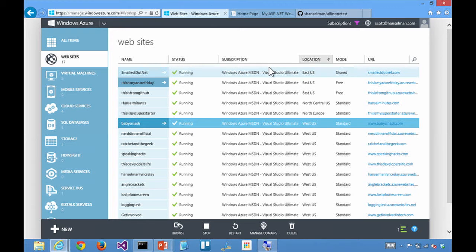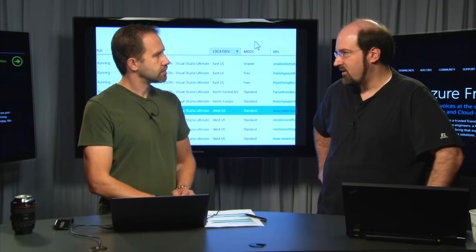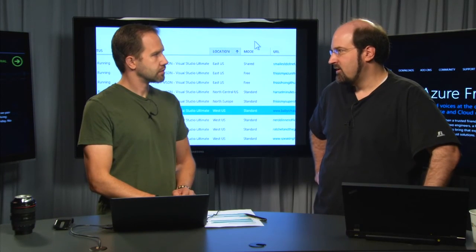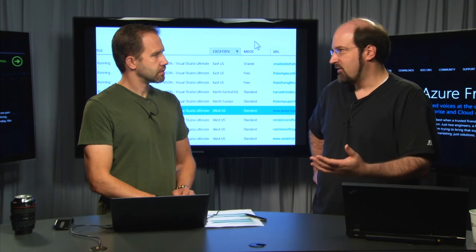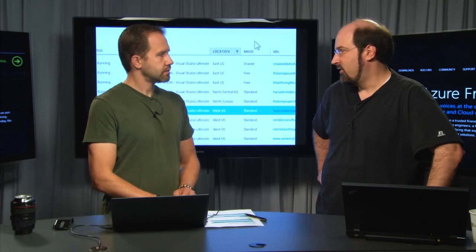Another nice thing is you can also, as we've talked about, move up and down between the different tiers. So absolutely the advice you gave is spot on, which is, once you move up to the standard tier, load that sucker up with as many websites as you can. Of course, with the caveat, make sure to monitor your load. And when you start seeing that maybe things are getting a little tight memory or CPU wise, you can go ahead and add more instances.